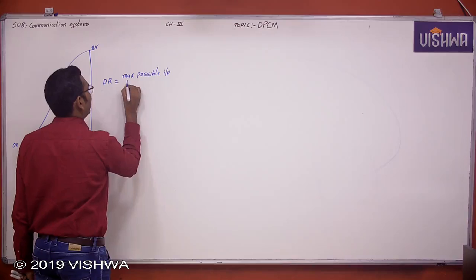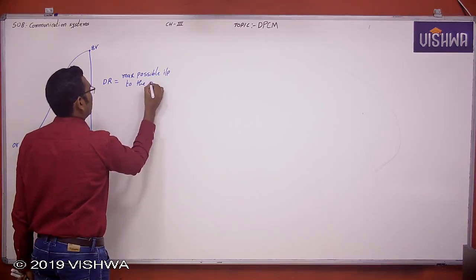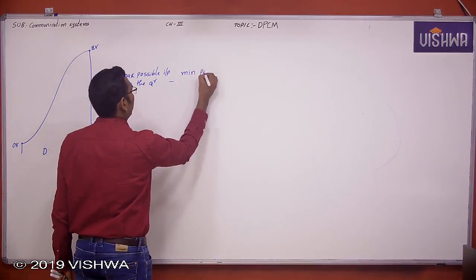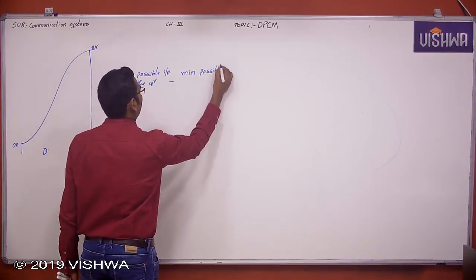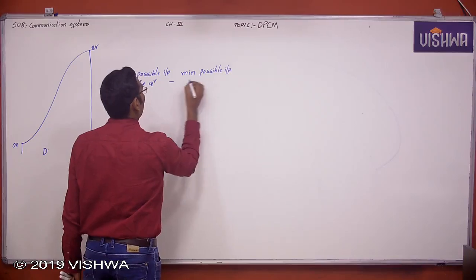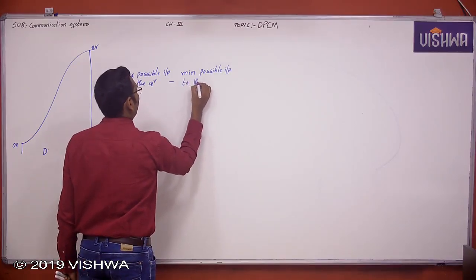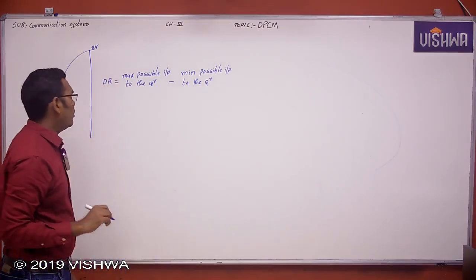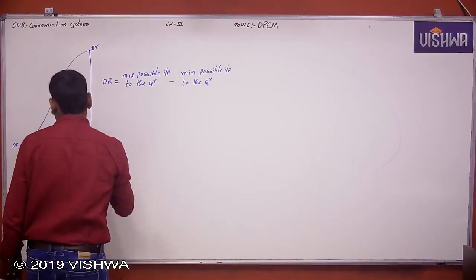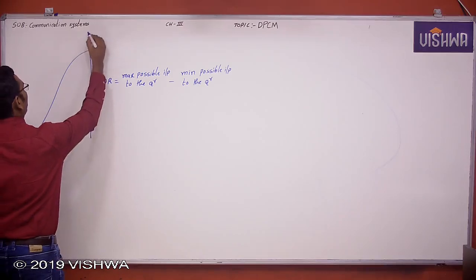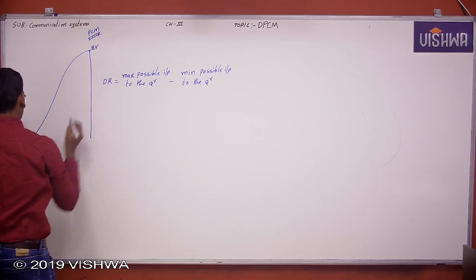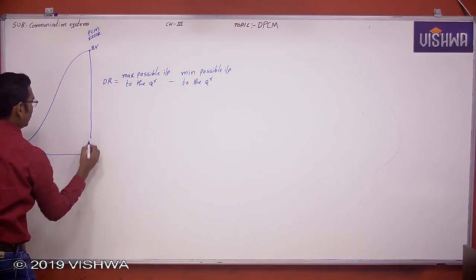I am talking about the PCM system. You know this, so this is the dynamic range.